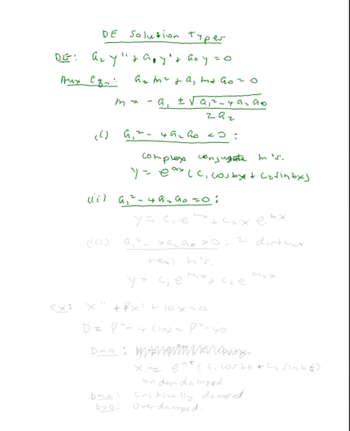And we know what happens in this situation. The general solution of the differential equation will have the form y equals c1 e to the mx plus c2x e to the mx.